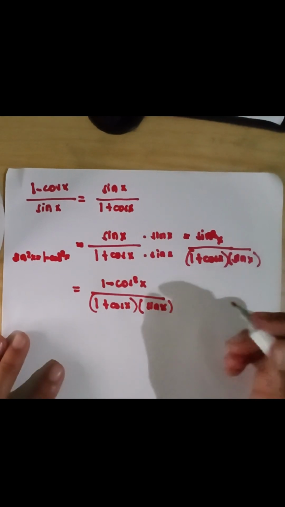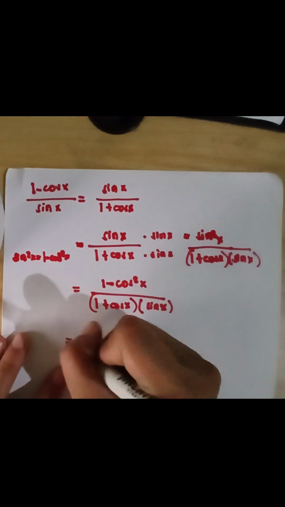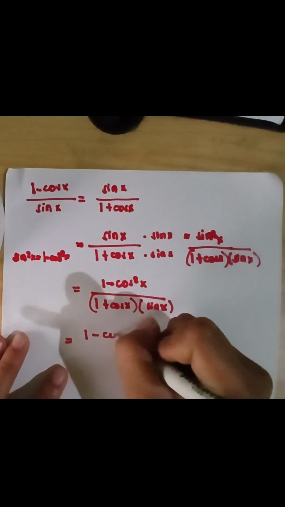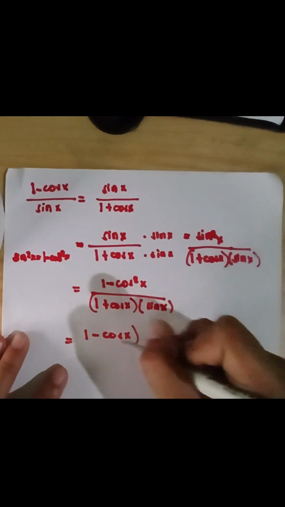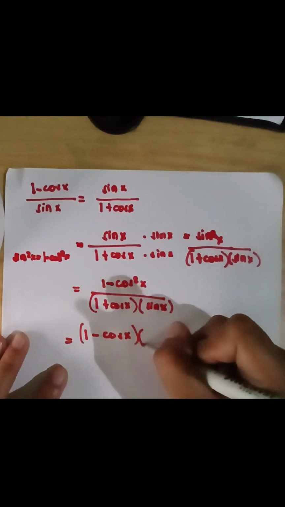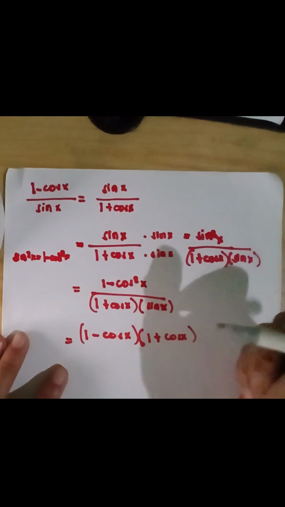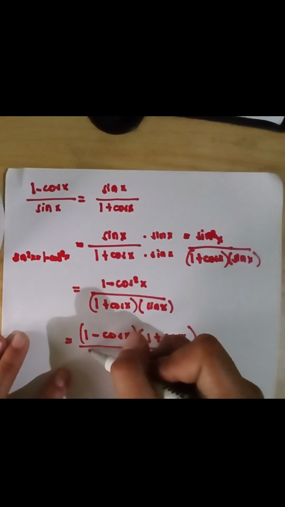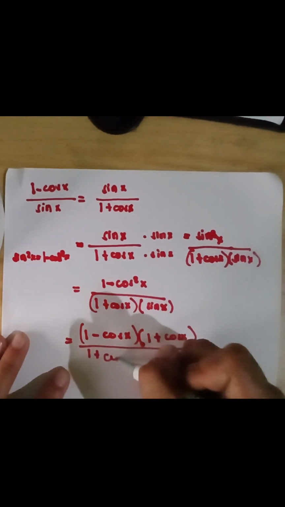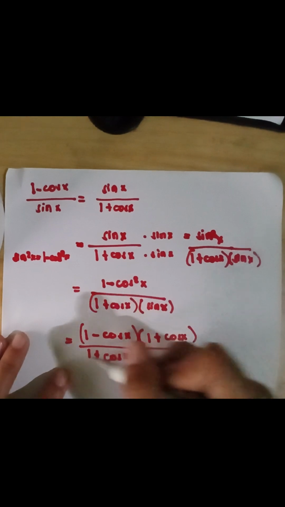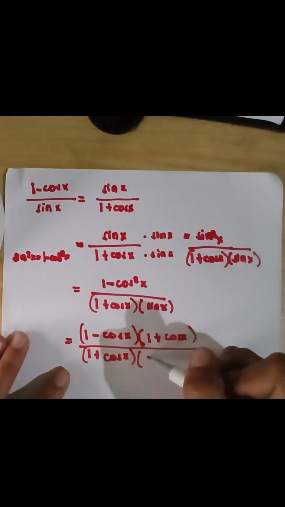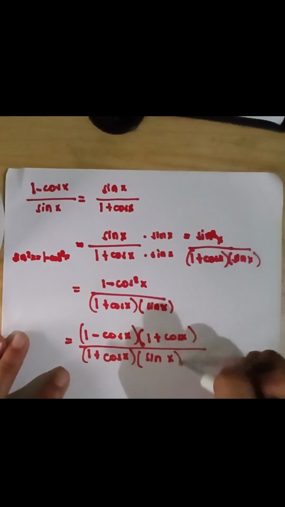The numerator will be 1 minus cosine x times 1 plus cosine x over 1 plus cosine x times sine x.